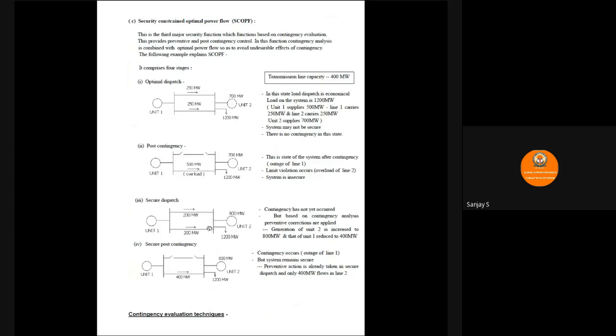So in the next stage 4, since we have taken corrective action, if there is a contingency, 400 can be safely transmitted through the line from unit 1. So there is no trouble. So this is the action that we can clearly take.